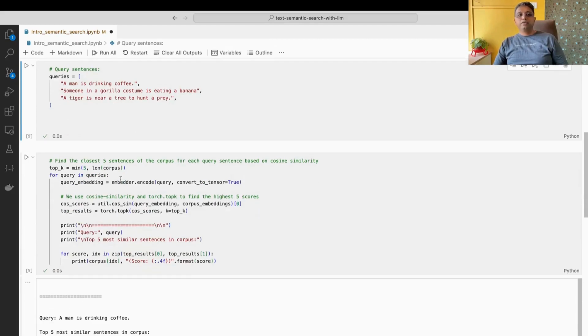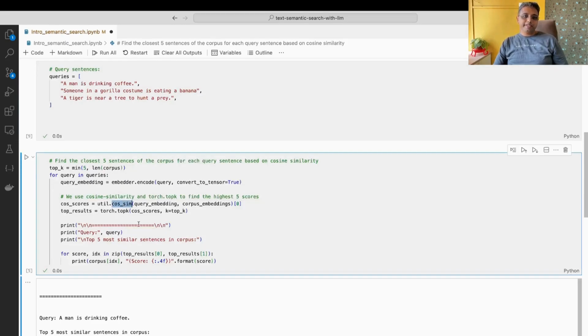Now here, as I have shown you, in the geometric space there are different candidates around that query document, and you would be able to understand which document is closer using the distance. We are using the cosine similarity matrix here. There are two things to be mindful of: one is cosine distance and the other is cosine similarity. We are using cosine similarity here, which means how close these two terms, query and document, are.